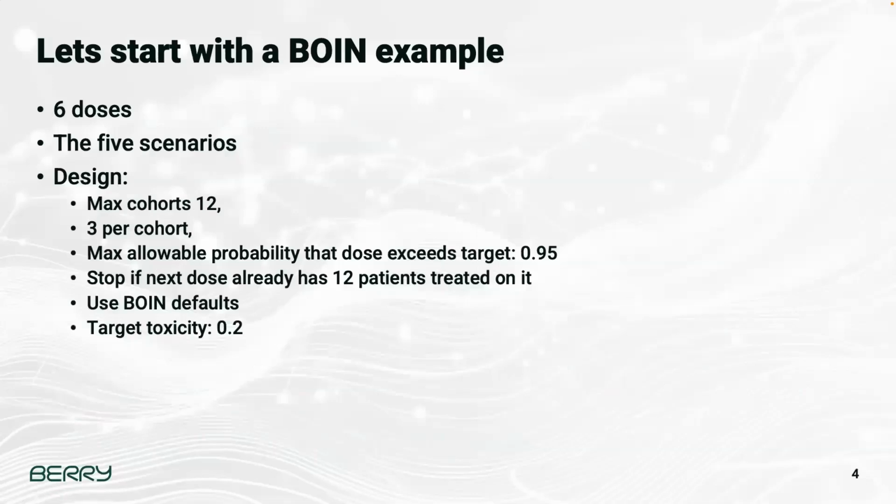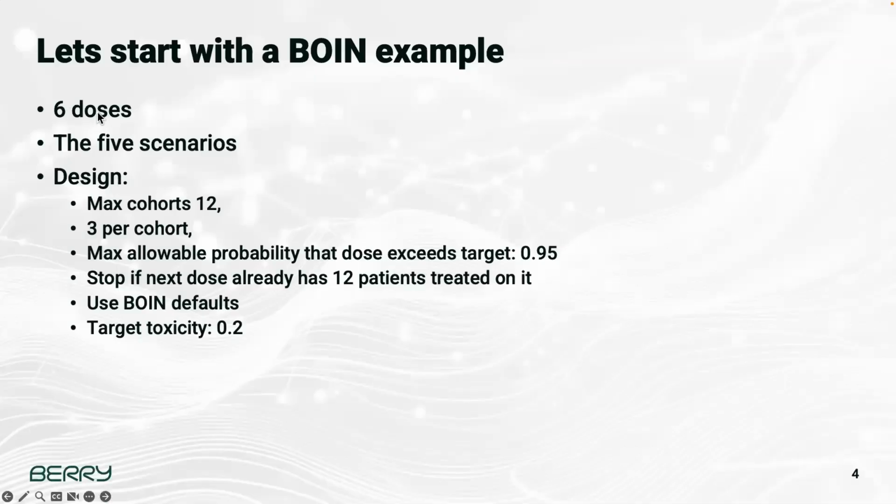So the three types of design, the BOIN, the I3+3, and the mTPI2, all require extremely similar inputs. So basically, if I create one, it's very easy for me to convert it to one of the other two. So I'll start with a BOIN, and then we'll also create an I3+3 and an mTPI2.